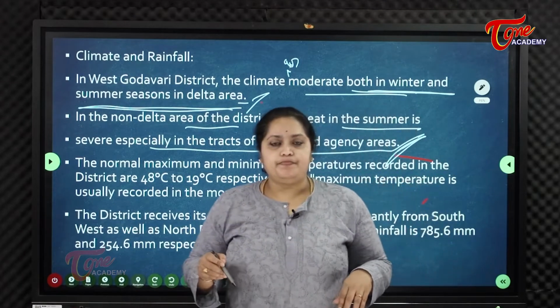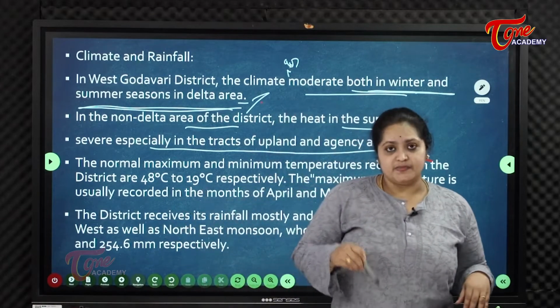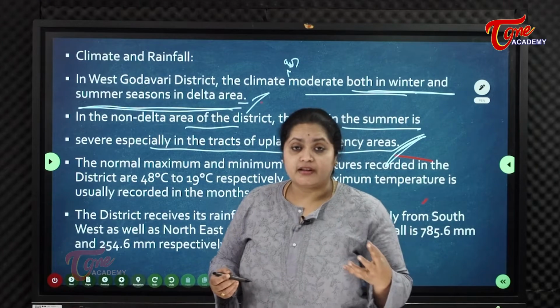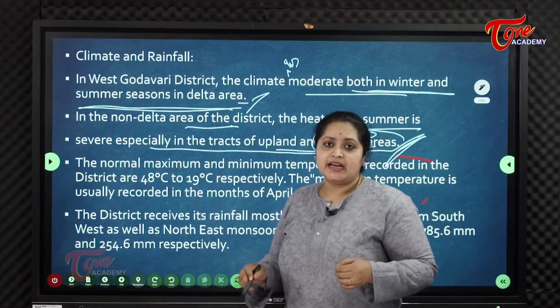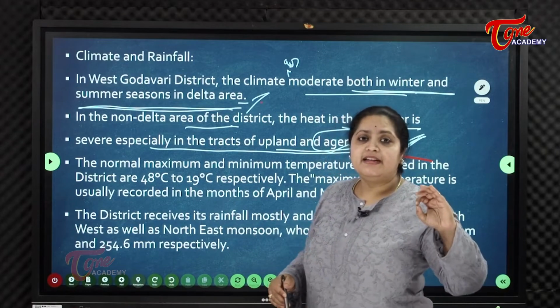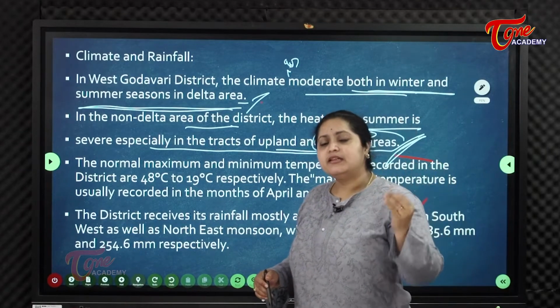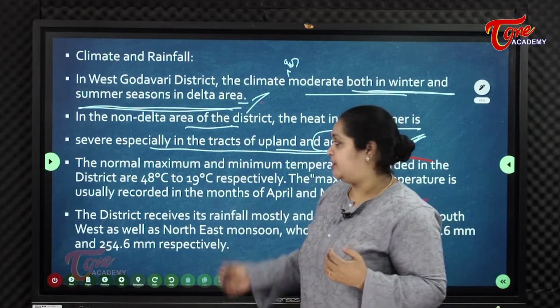So in non-deltaic areas, meaning uplands and agencies, the summers are heavy or severe. Only in the delta areas is the climate moderate. In uplands and agency tracts, the summers are very severe.